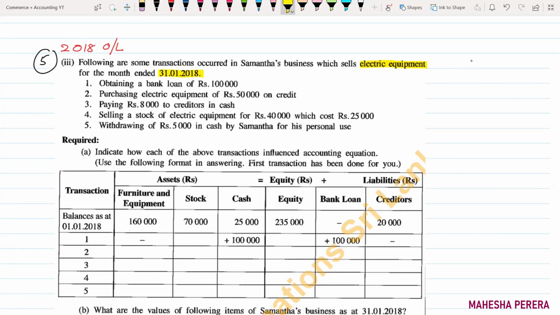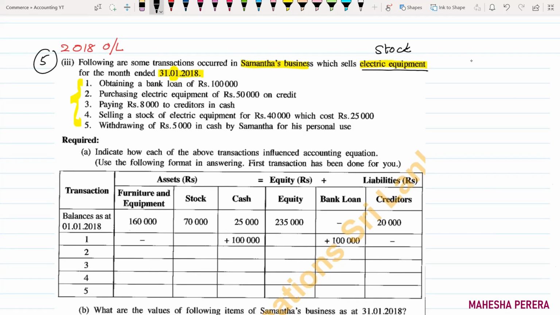Right now, here are the transactions occurred during the month of January in Samantha's business. And can you see this business sells electric equipment? So this means electric equipment is the stock of this particular business. Okay, that is the first thing that you have to consider.